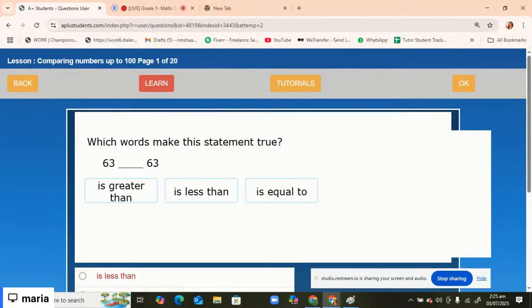So, which words make the statement true? This is 63 and 63. So, which one is the right answer?